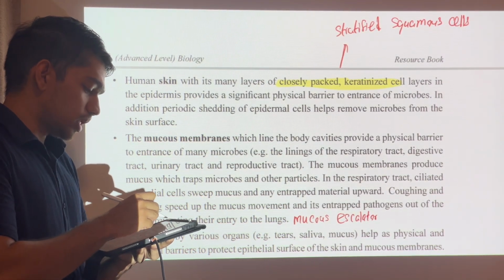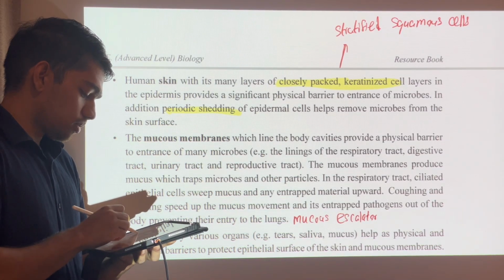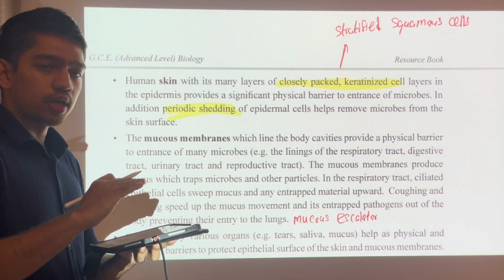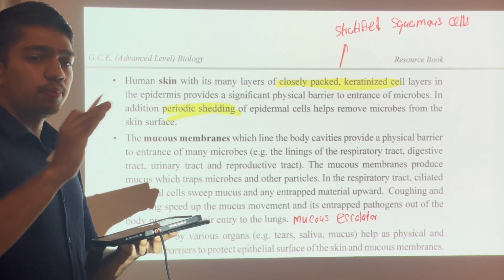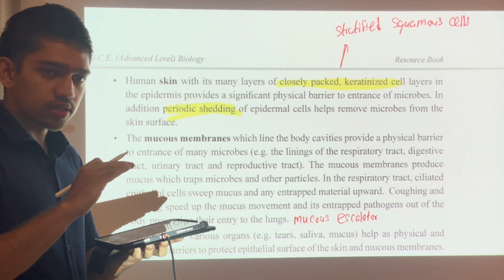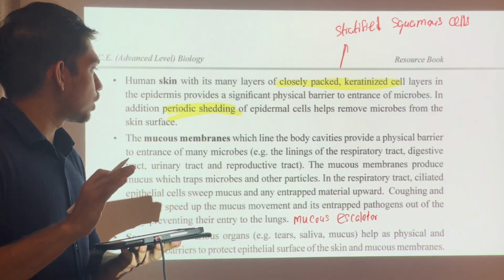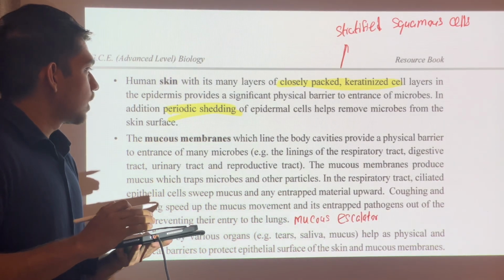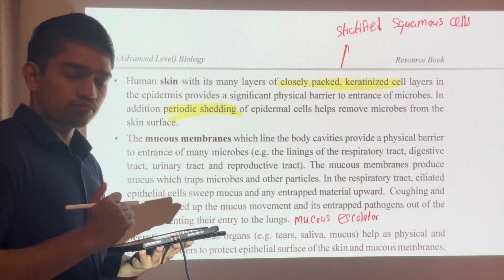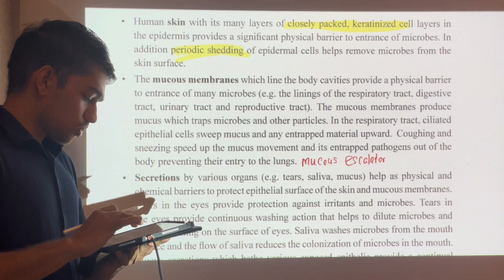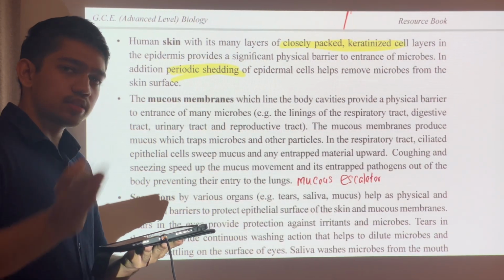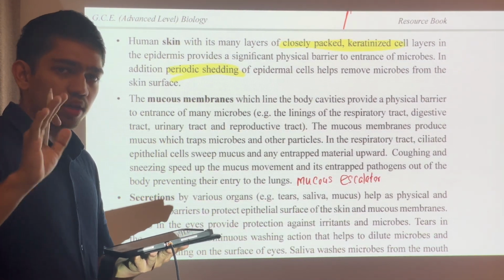And the skin also undergoes shedding, right? The outermost epidermal layer is going to get removed periodically. So if there is a pathogen or some microbe population on that skin surface, that is going to get removed as well, right?